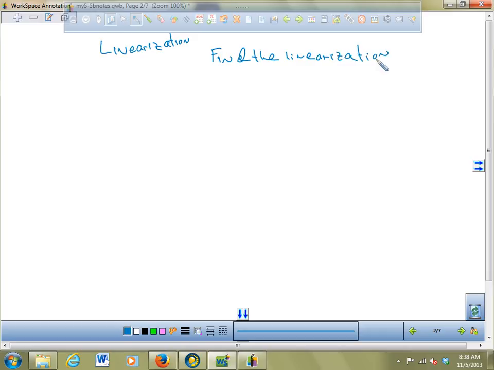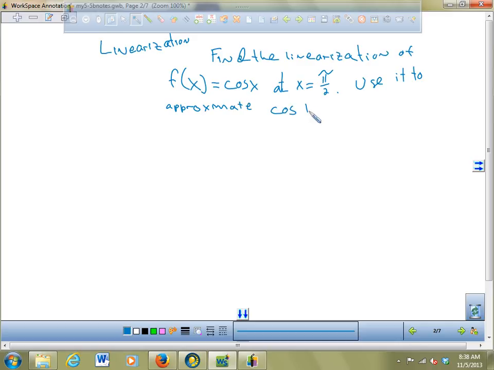That's why it's called linearization of f of x equals cosine x at x equals pi over 2, and use it to approximate cosine of 1.75. Why would you ever want to do that?